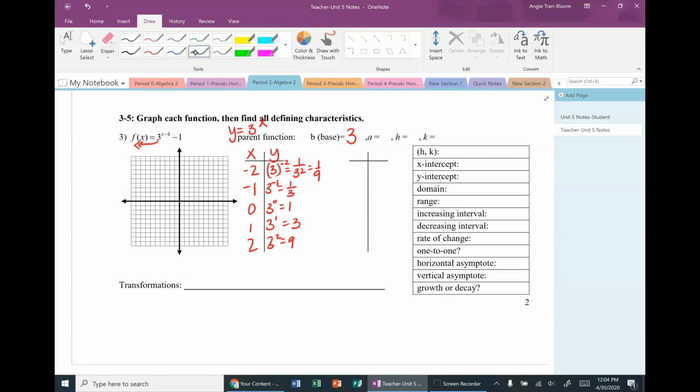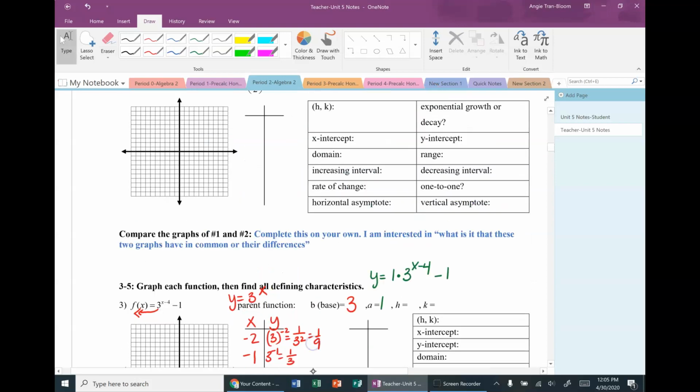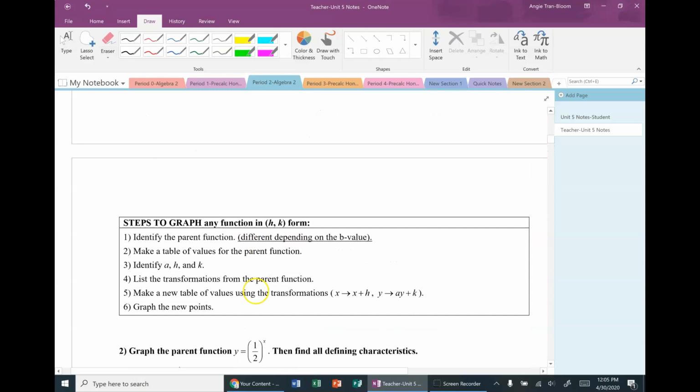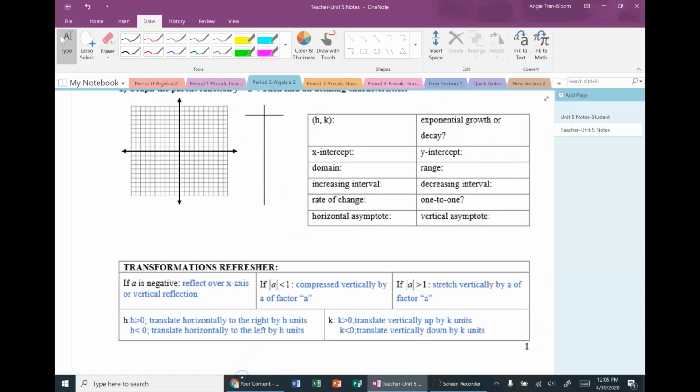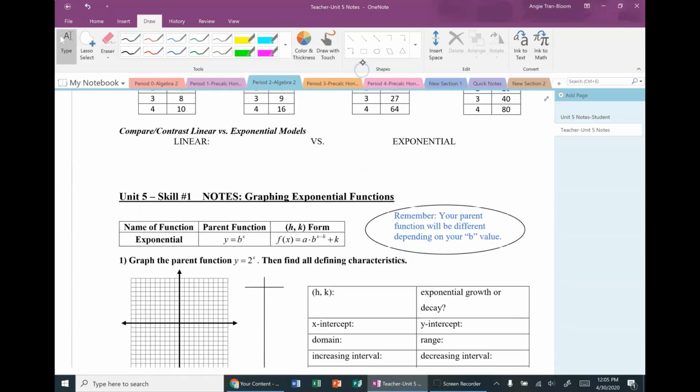Next, you want to identify your A, H, and K. Your A is 1 because technically this graph can be rewritten as 1 times 3 to the x minus 4, minus 1. Remember, let's go back up really quickly. Remember, the format of your equation is like this. Can you see this right here?